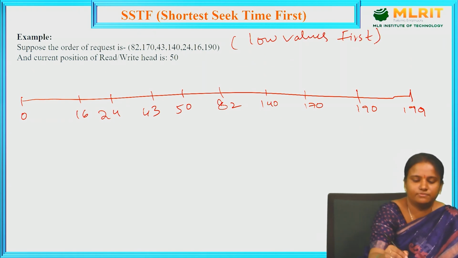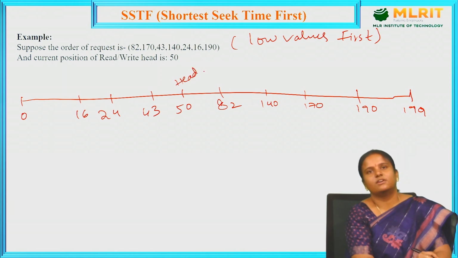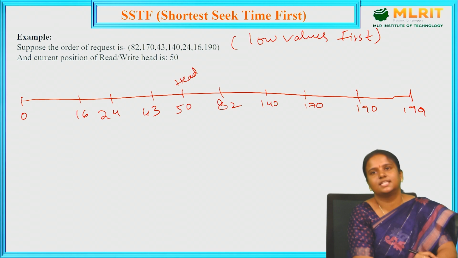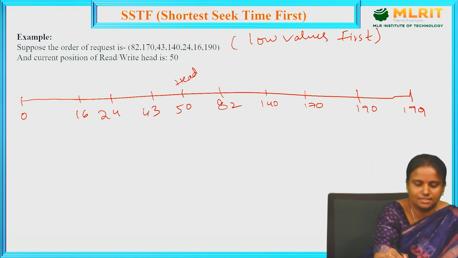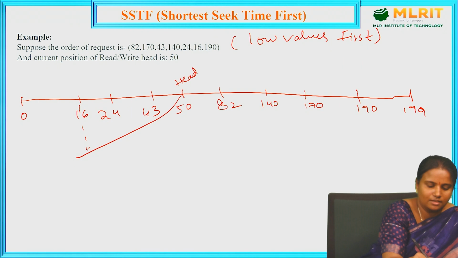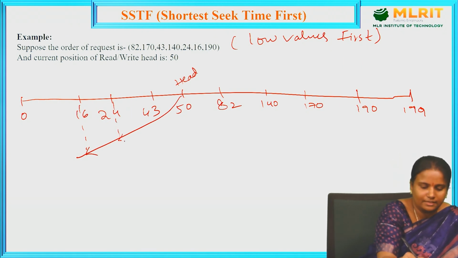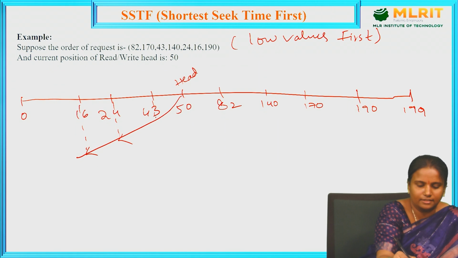The head is at 50. Our first lowest value is 16, so we go from 50 to 16. The next number is 24, and next is 43.